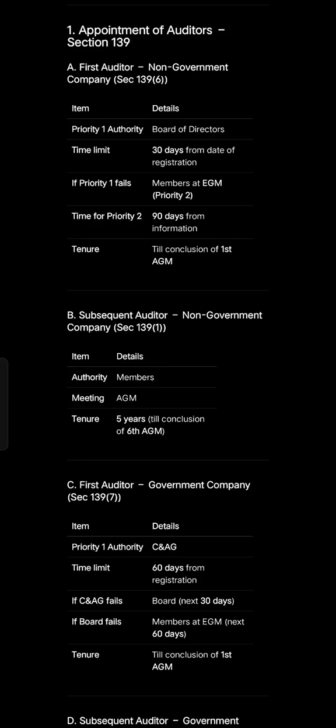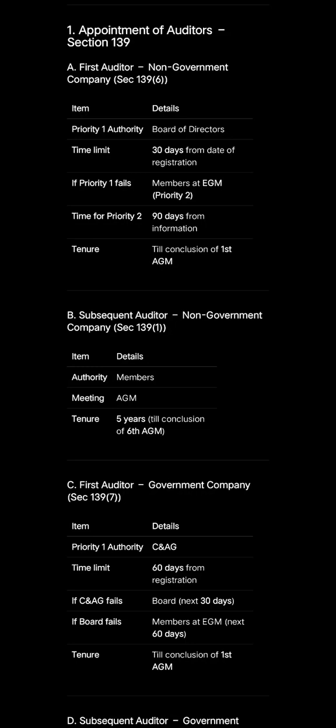Now let's see chapter 10 of the Companies Act, which is all about auditors, their appointment, removal, their resignations, and the powers of auditors, what auditors can do, which services they can render, which services they are prohibited from rendering.